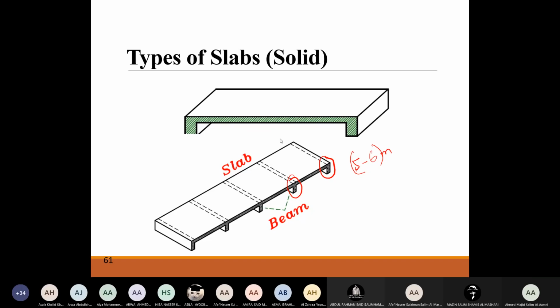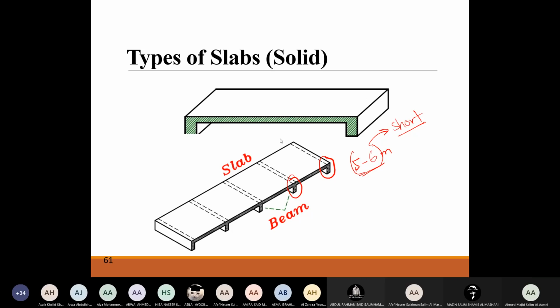Now, of course, I can go for 10 meter, but in that scenario, the depth is going to be very huge. If I increase my span, and when we refer to 5 to 6 meter, we are always referring to the short span. If you go beyond the 5 to 6 meter, it means the thickness of the slab is going to be more.